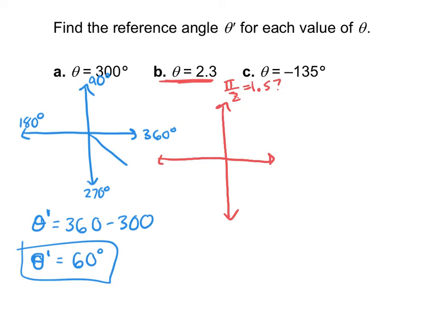Here we have pi, so this is 3.14, or pi. And then this one is 3 pi over 2, which in decimal form would be 3.14 times 3 divided by 2. So this would be 4.71, and this would be 2 pi, so 6.28.